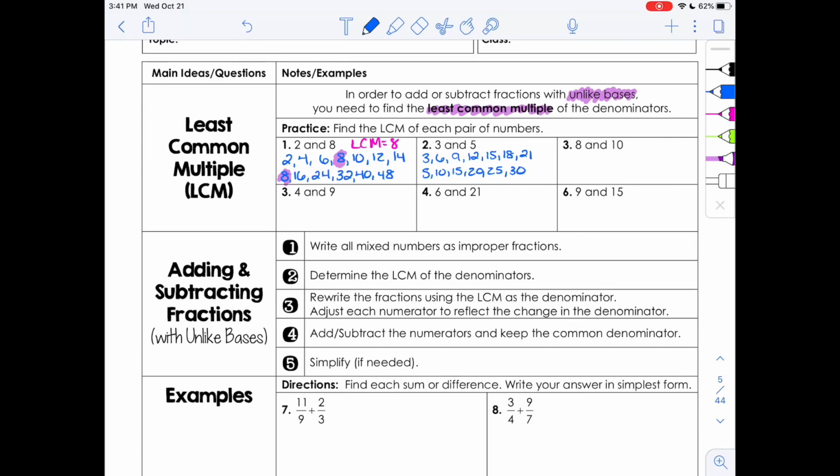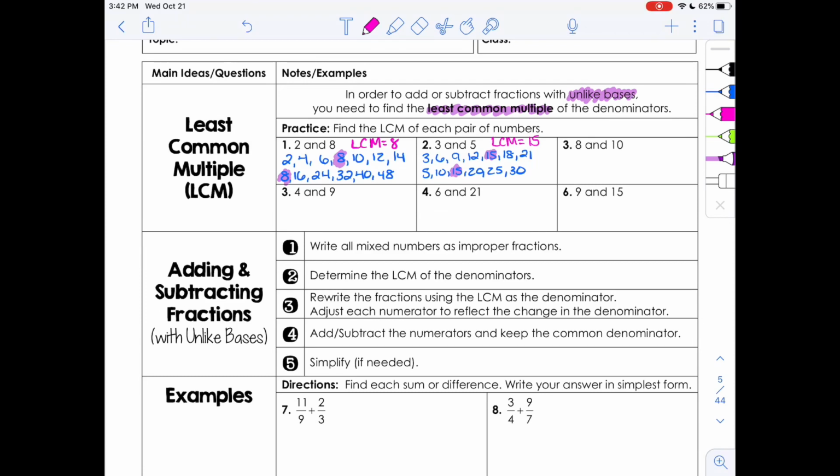Then comparing the two lists and finding the smallest number they have in common, our least common multiple between 3 and 5 is 15. 15 is the smallest multiple that they both have in common. So our least common multiple equals 15.